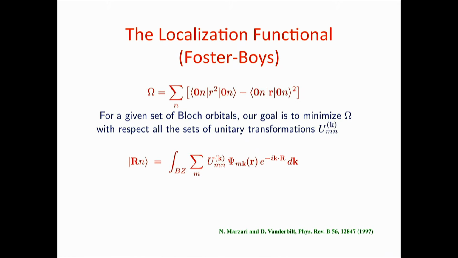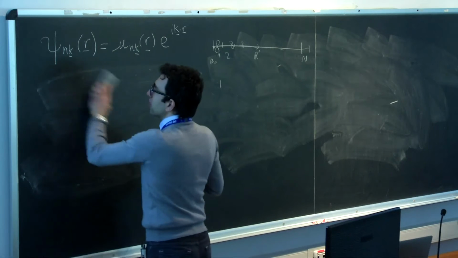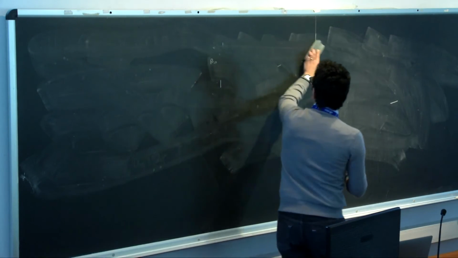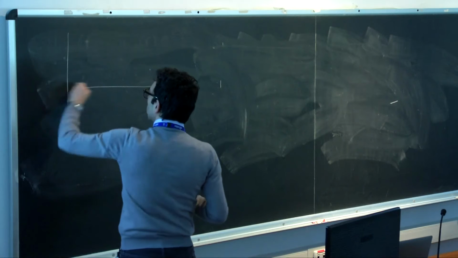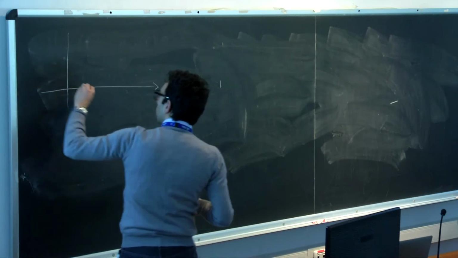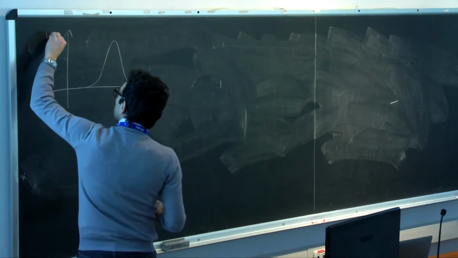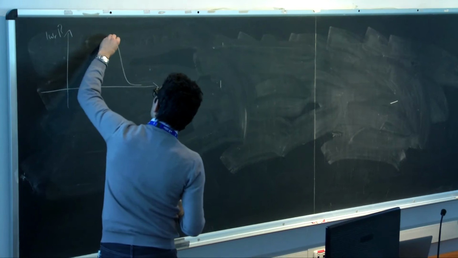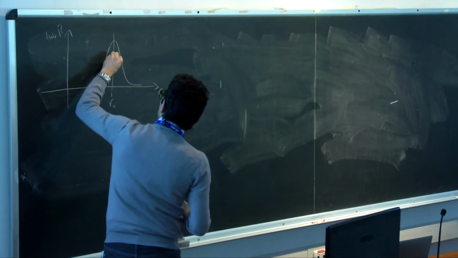So imagine, for instance, in one dimension, that you have a Wannier function which has a Gaussian shape. Imagine that it's your real space, and you draw your Wannier function as this shape. So this is, for instance, the square of the Wannier function, with a center R0 and some spread sigma.